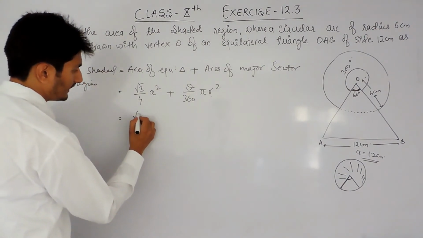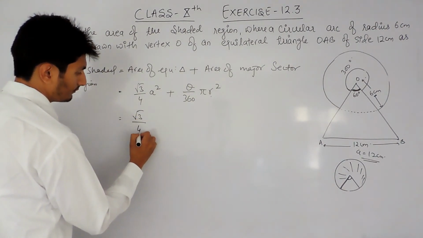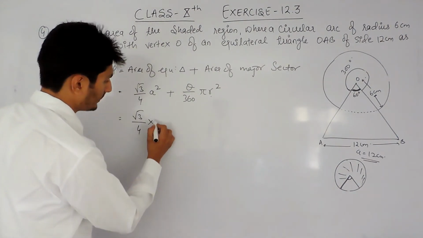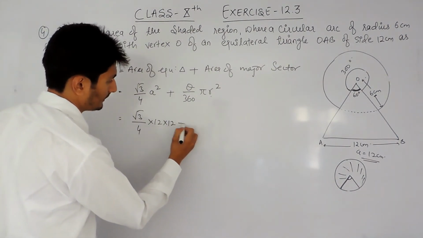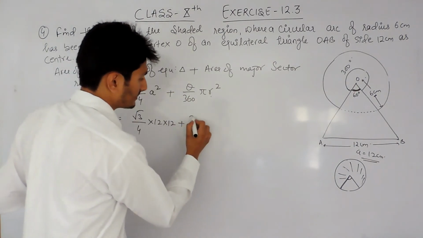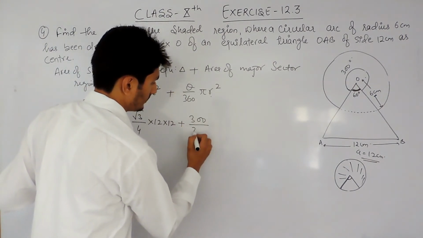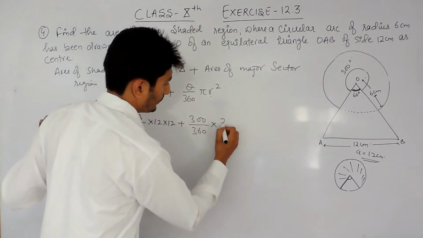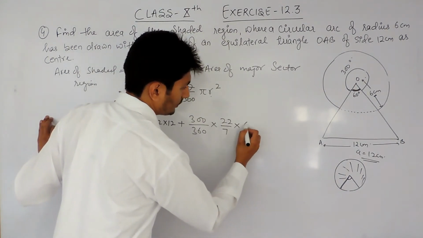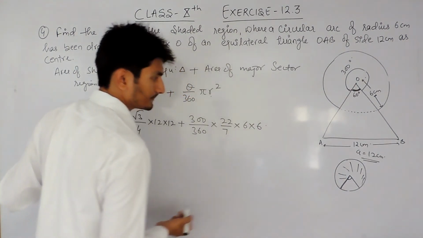So the area is √3/4 times my side, 12 multiplied by 12, plus here the theta is 300/360 into 22/7 into radius, which is 6 into 6.